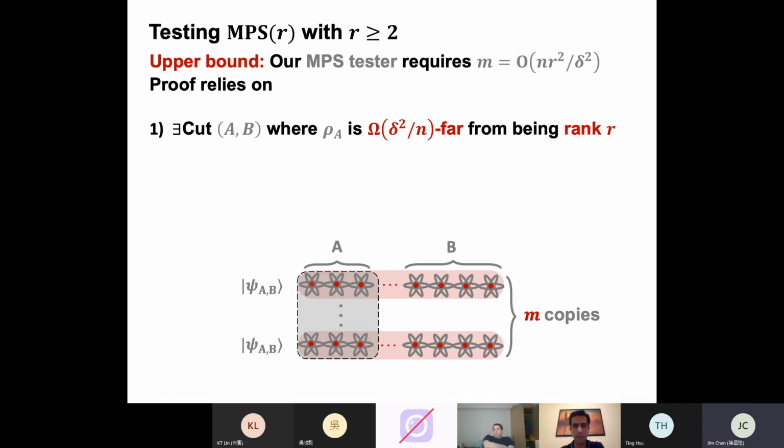I see. Okay. Okay, thank you. Sorry, another question is about when you find the product state test, if the state is close, does this give you some good way to reconstruct the matrix?